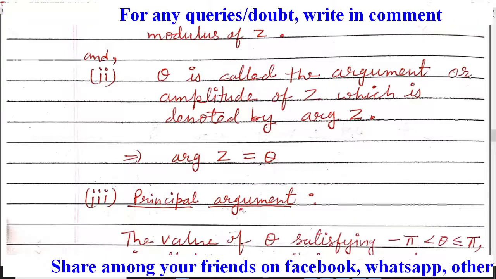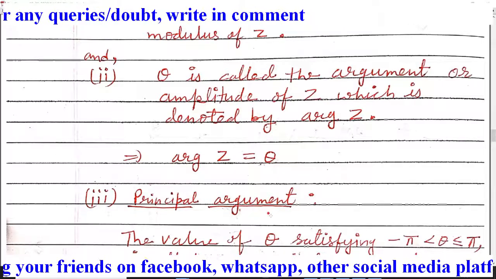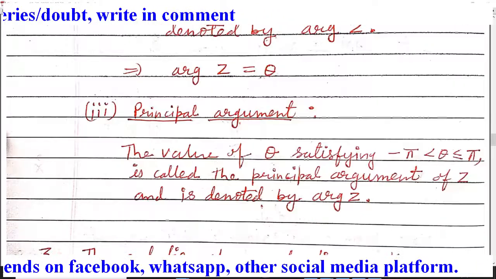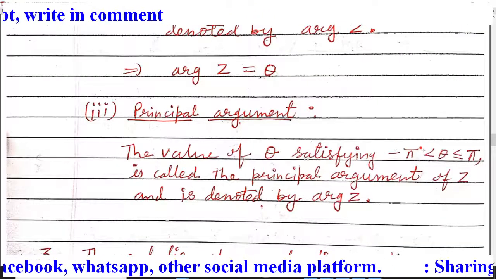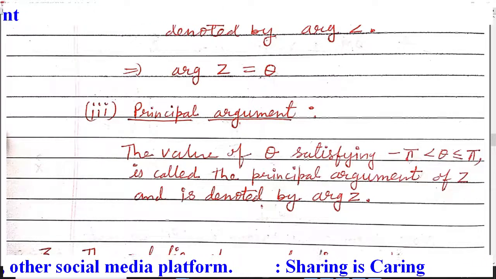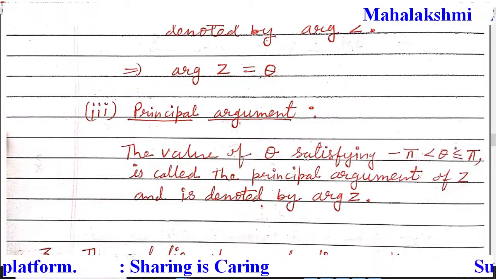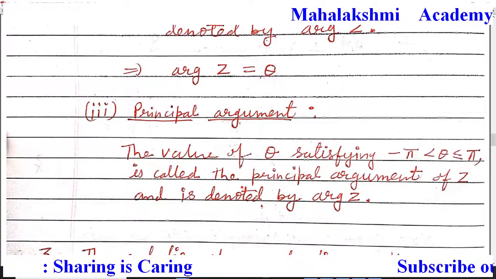Now principal argument. So in the same argument a particular word is there, principal argument. The values of theta satisfying minus pi less than theta less than or equal to pi, all such values of theta are named the principal argument.